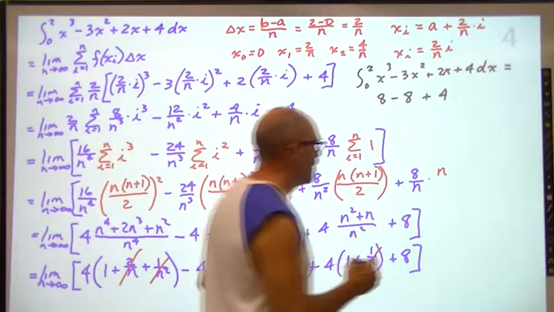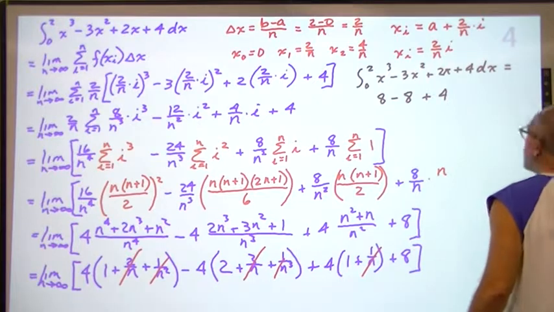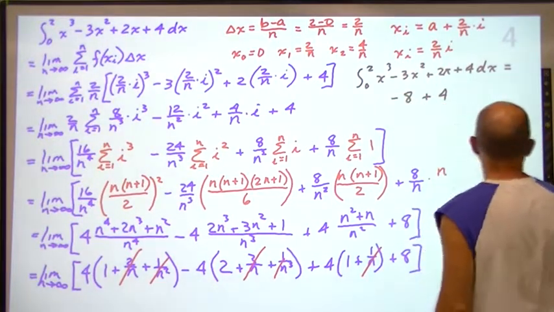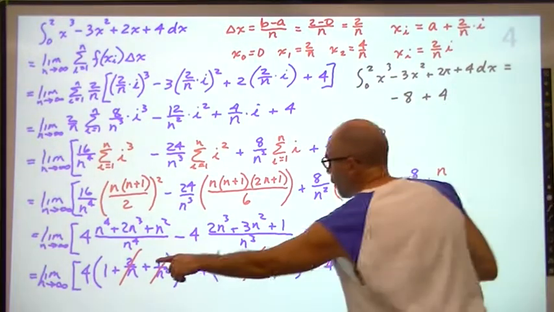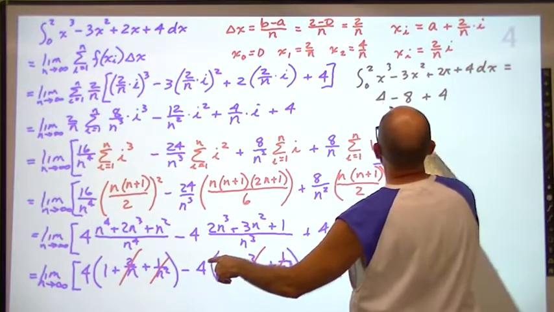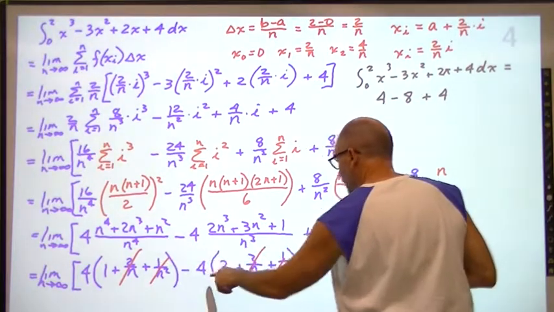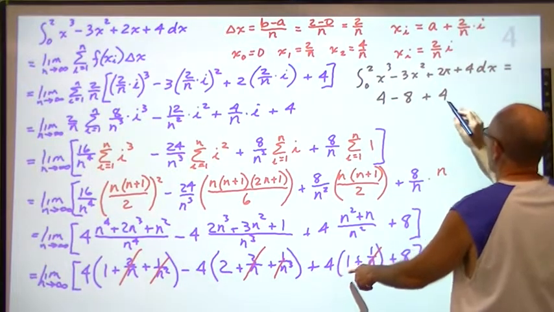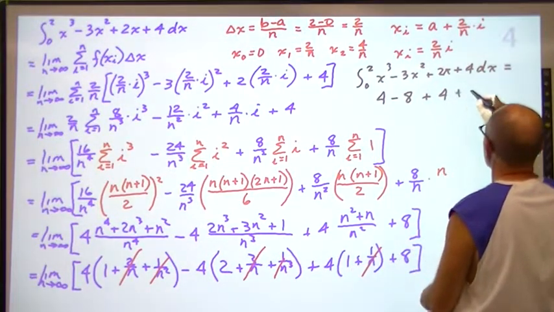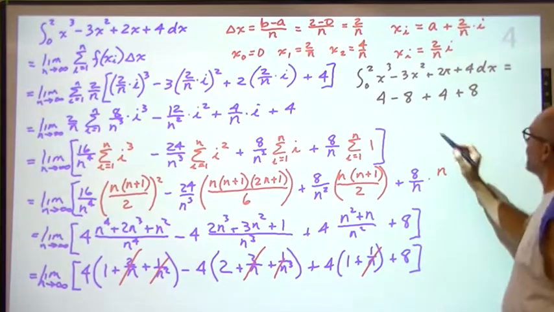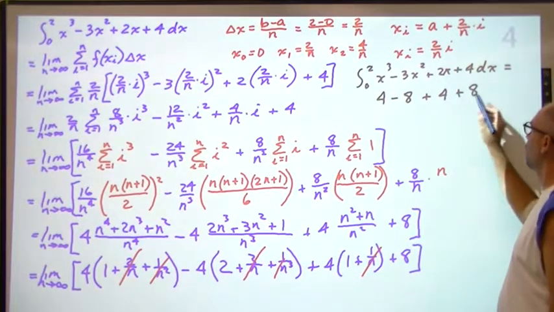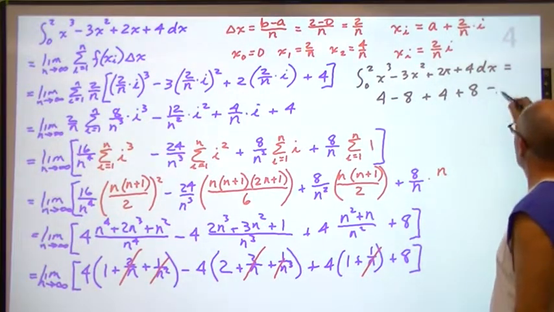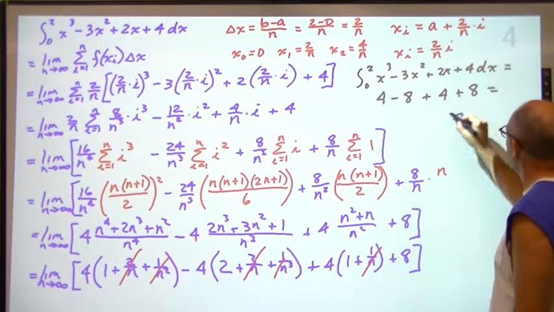So we have, back to the ranch, 4 times 1, which is 4, minus 4 times 2, which is 8, plus 4 times 1, which is 4, plus 8. So 4 minus 8, negative 4, plus 4 is 0, plus 8 is 8.